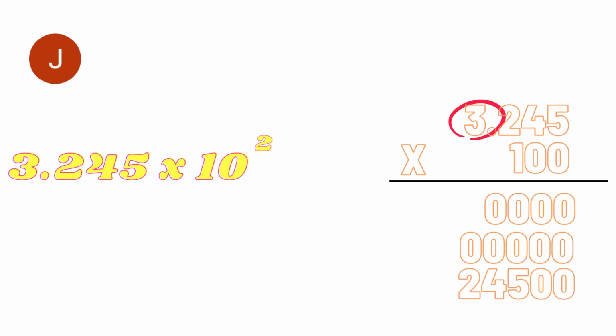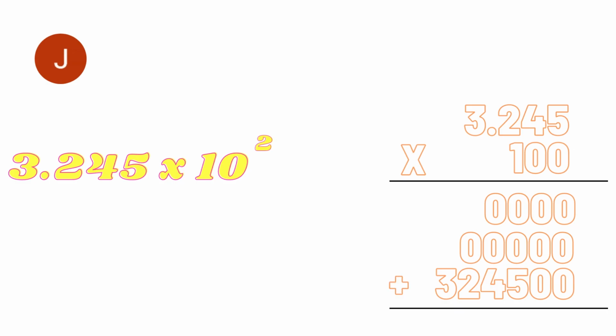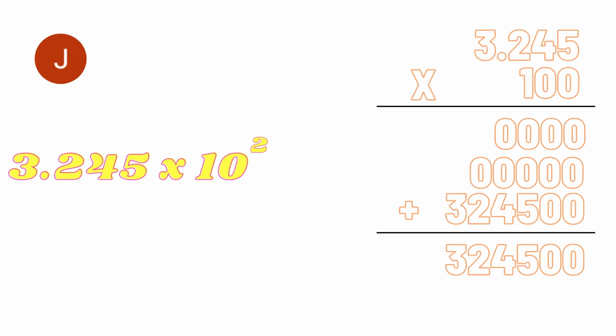And last but not least, 1 multiplied by 3 gives me 3. Now that I have them, I can simply add. Adding them all together, 324,500. However, we should not forget the decimal point.